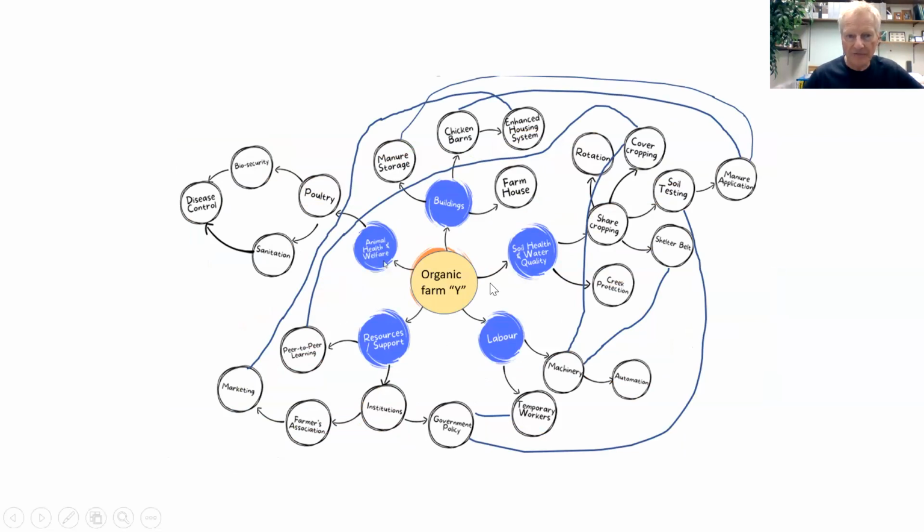Here's another mind map that another student made of another farm. So this is Organic Farm Y. And I like some of the connections here. Here is one, the buildings, okay? The buildings, and some of those buildings were chicken barns. And that farmer wanted to enhance the housing system because, of course, in a lot of poultry production, especially eggs, a lot of the consumers want organic eggs that are also free run or somehow in an enhanced housing, not in these cages.